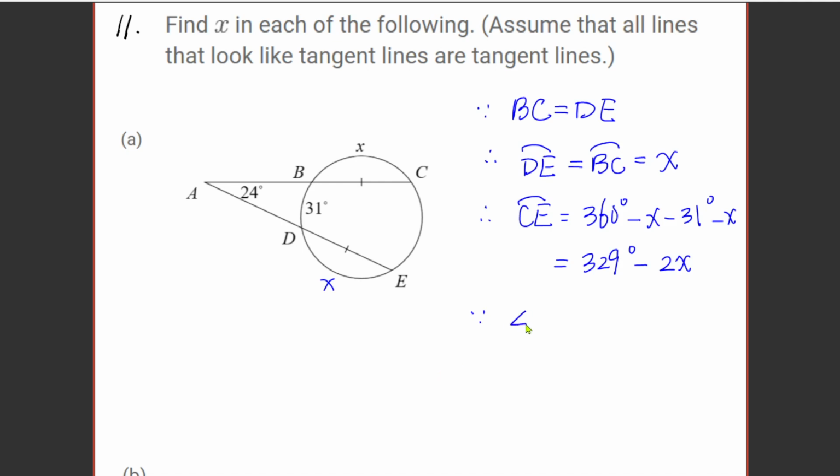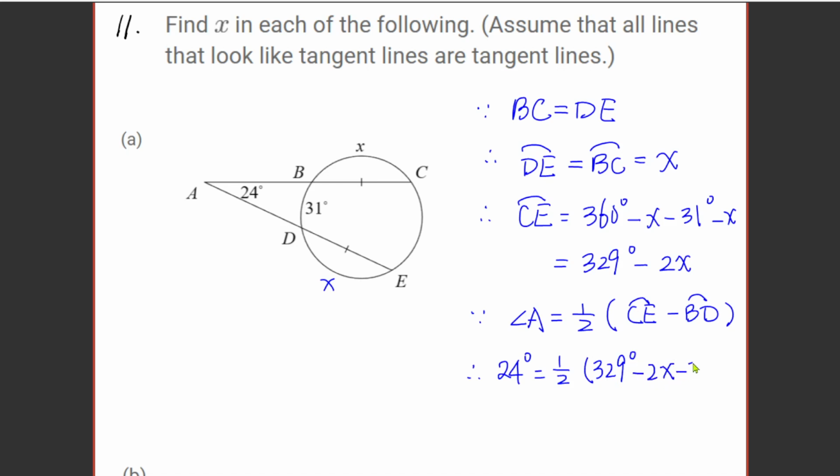And since angle A equals a half of the difference between arc CE and arc BD, we have 24 degrees equals half of 329 degrees minus 2x minus 31 degrees, right?